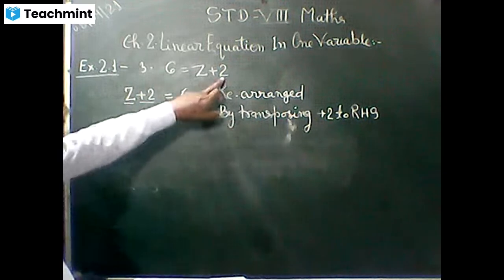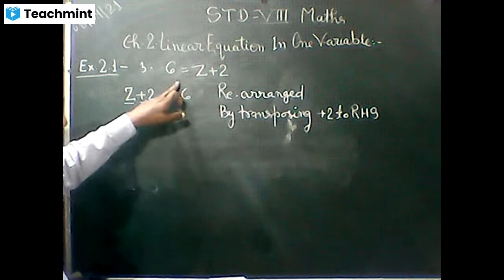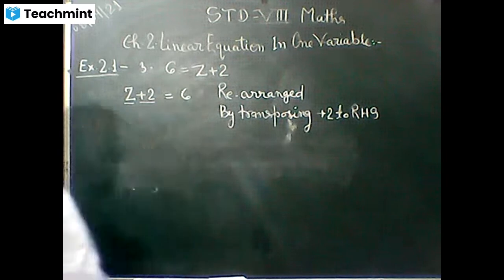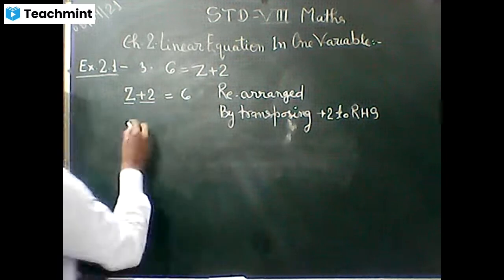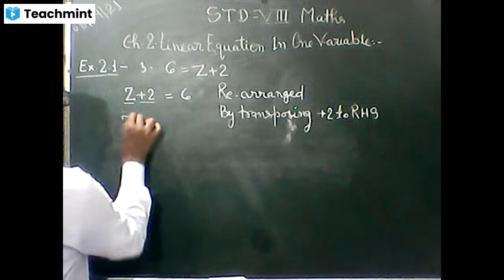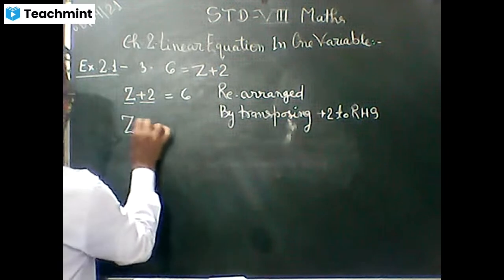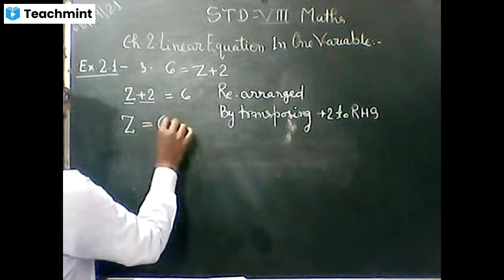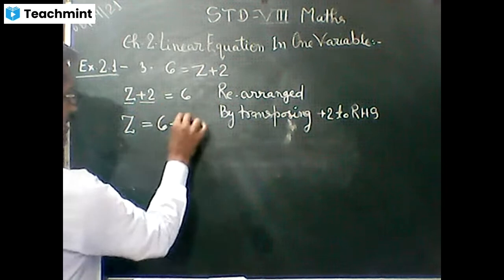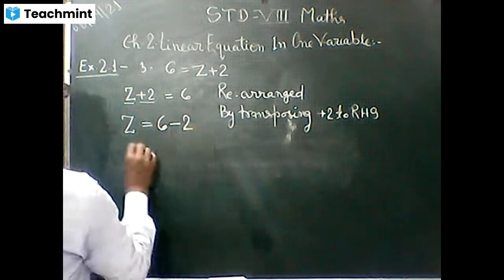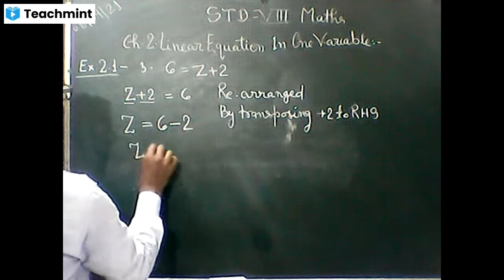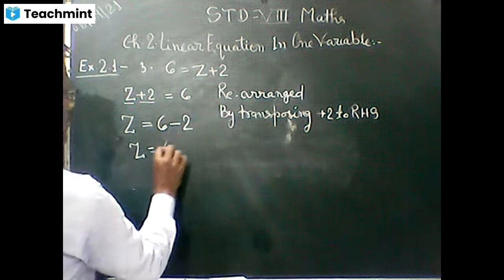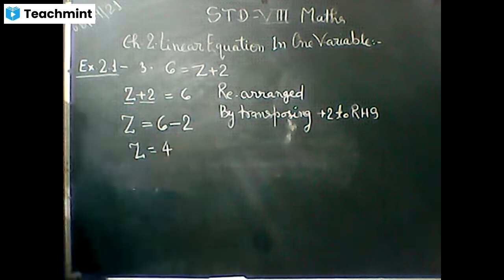If it is in the right hand side, then transpose to the left hand side. There is no difference. And so we write here z equal to 6, as it is plus, then we write here negative, minus, and then we find the answer. 6 minus 2 equal to 4.